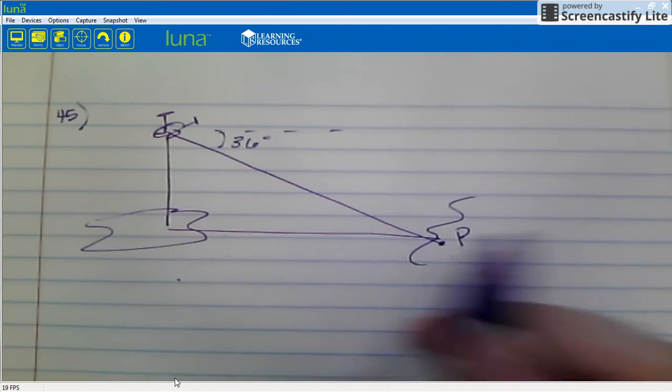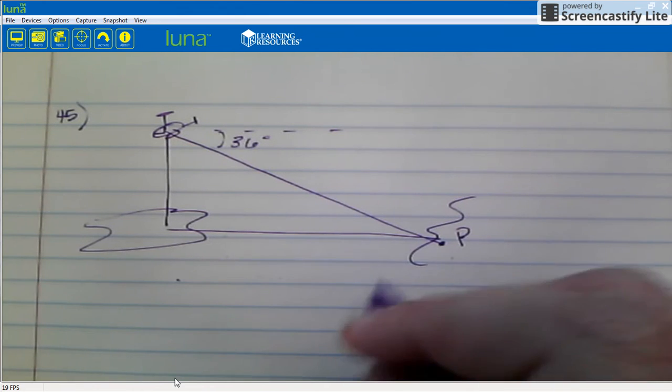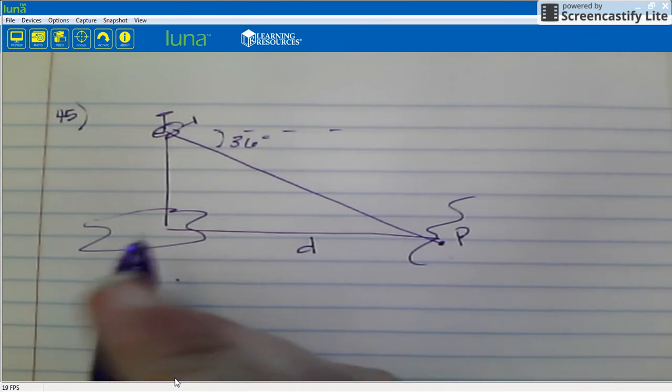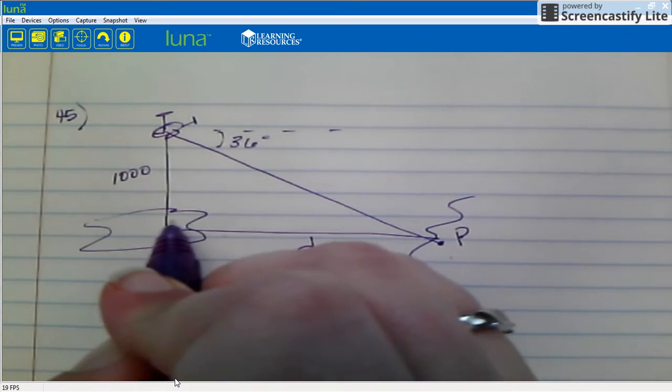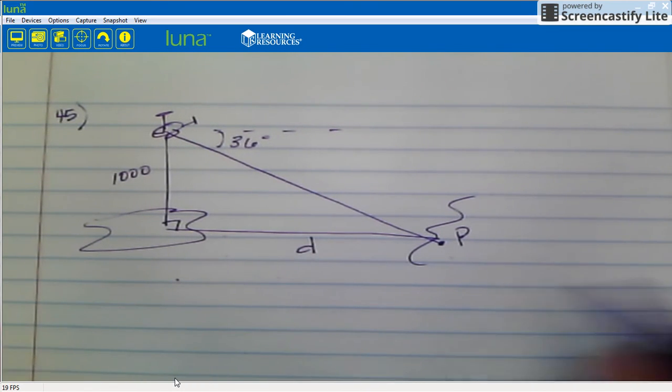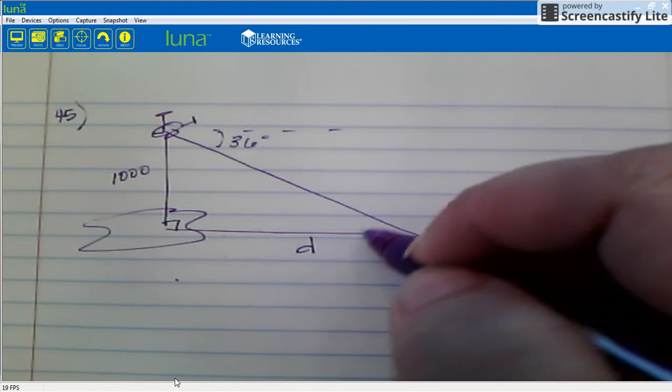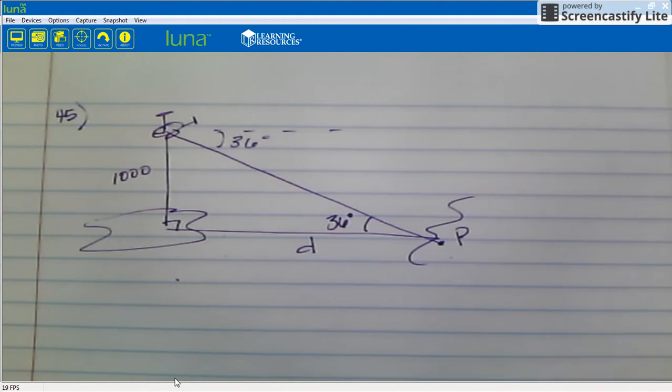How far away is the island from the shore? And you're told that the helicopter is 1,000 feet above the island. Okay, so I make this my right angle. And because of my parallelism, I know that this angle is 36 degrees.